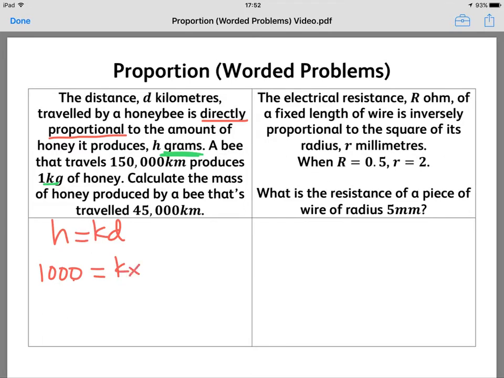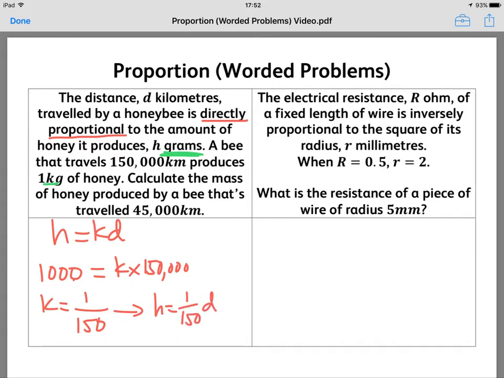K times 150,000. Right, so K is going to be 1,000 divided by 150,000, which is, we'll call that 1 over 150. Okay, you could put it as a decimal if you like, but I think it's just as easy to leave it as a fraction, actually. And so therefore, we can go, well, actually, H equals 1 over 150 D.